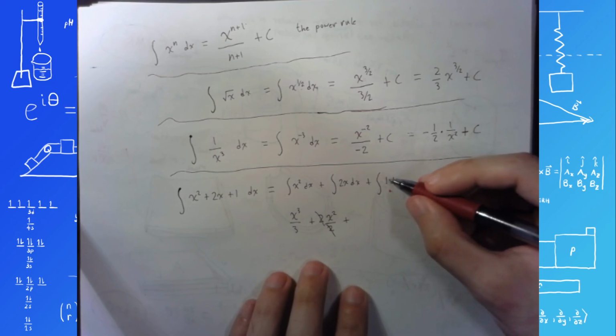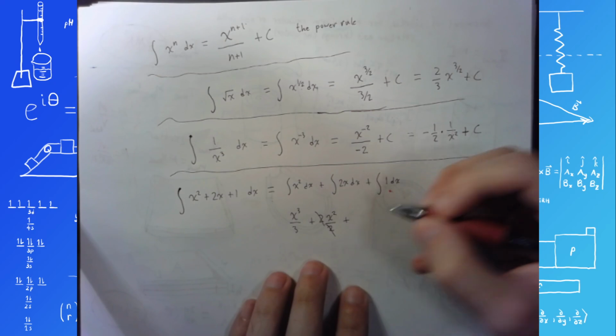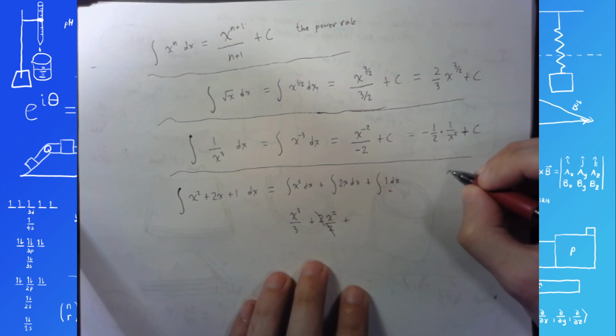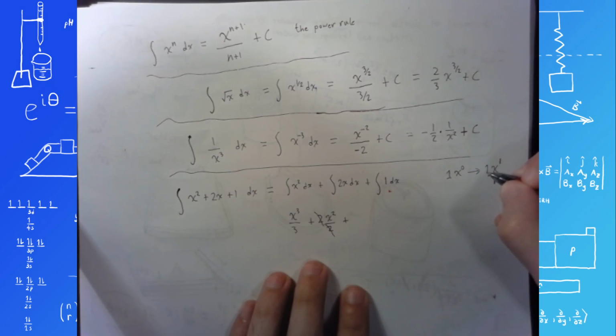You can think of the 1 as 1 times x to the 0. And then x to the 0 goes to x to the 0 plus 1 is 1 divided by 1. You can think of it like that. And of course we still have the 1 out front.